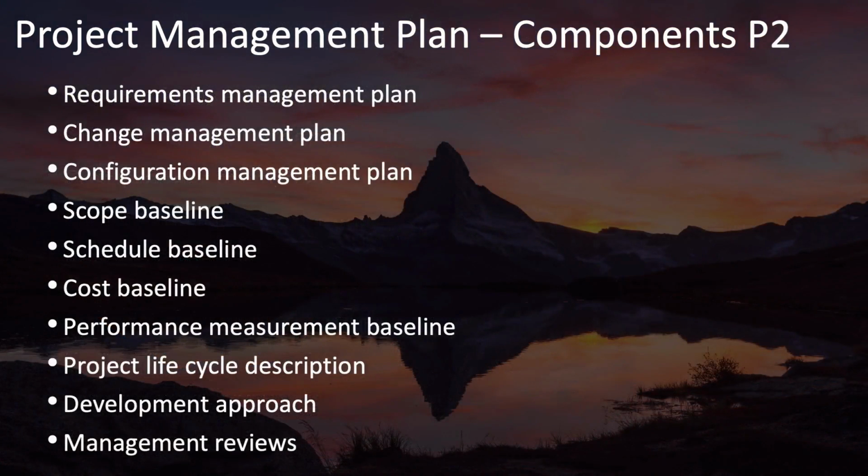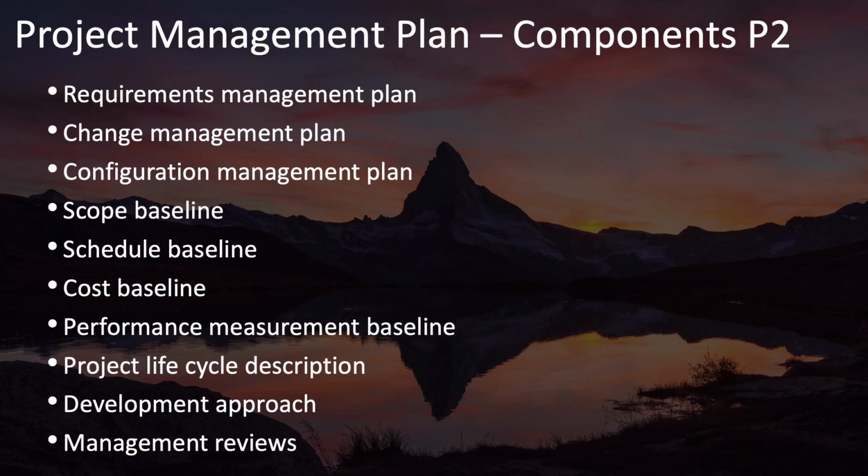These are the requirements management plan, the change management plan, and the configuration management plan. In addition to these 3 other management plans, you also have 4 baselines that are the scope baseline, the schedule baseline, the cost baseline, and then the performance measurement baseline, which is used by earned value analysis.